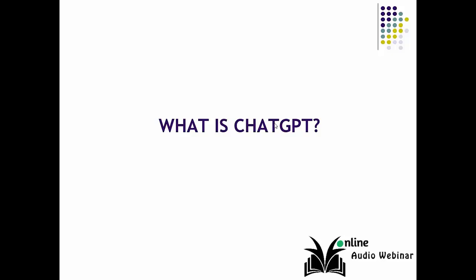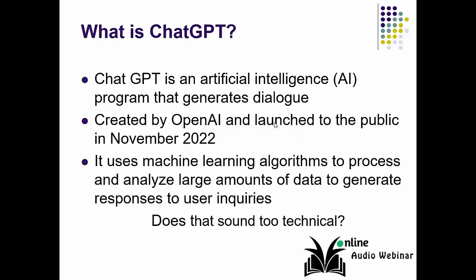So let's start with what exactly ChatGPT is. ChatGPT is what we call an artificial intelligence program, AI. I'm sure you've heard that term before. It's actually a program that generates dialogue. It was created by a company called OpenAI.